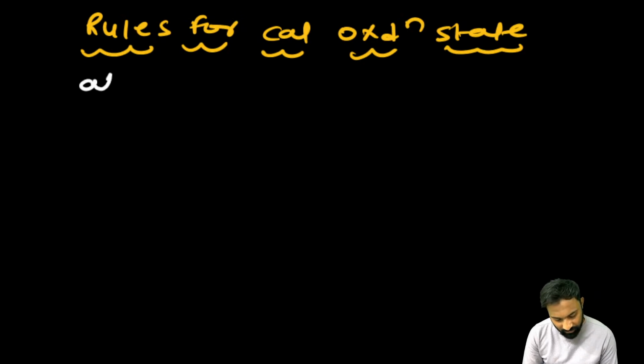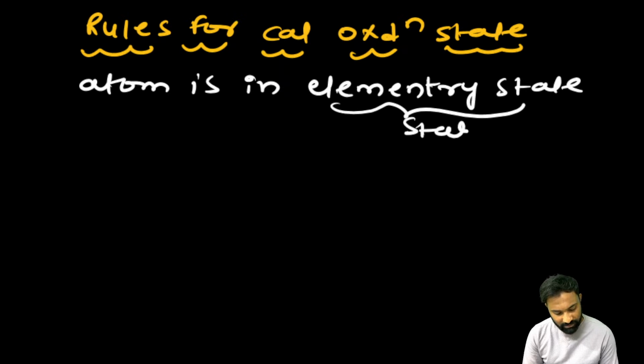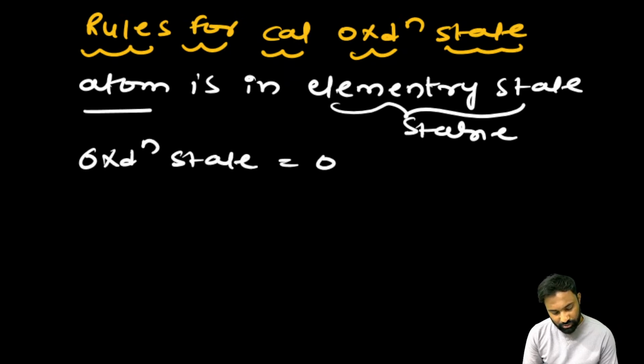Elementary state means it is a stable state. In the elementary state, the oxidation state of that atom is equal to 0.